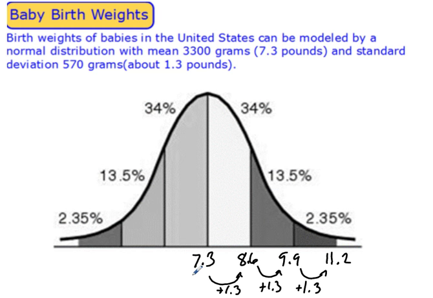Starting from 7.3, now it's time to subtract 1.3. I get 6. So again, this direction, I subtracted 1.3. Subtracting another 1.3 from 6, I get 4.7. And subtract 1.3 again, and I get 3.4.